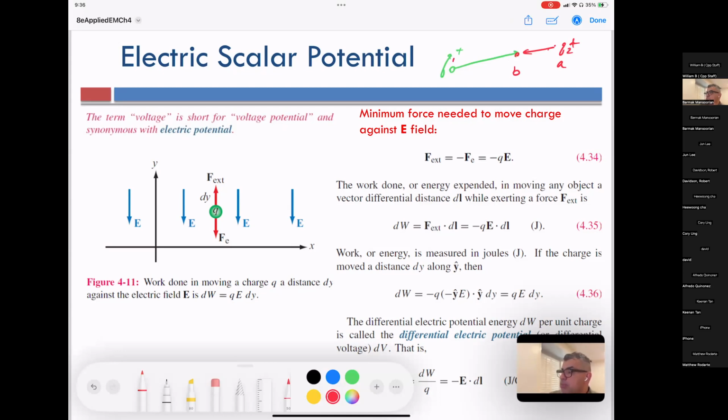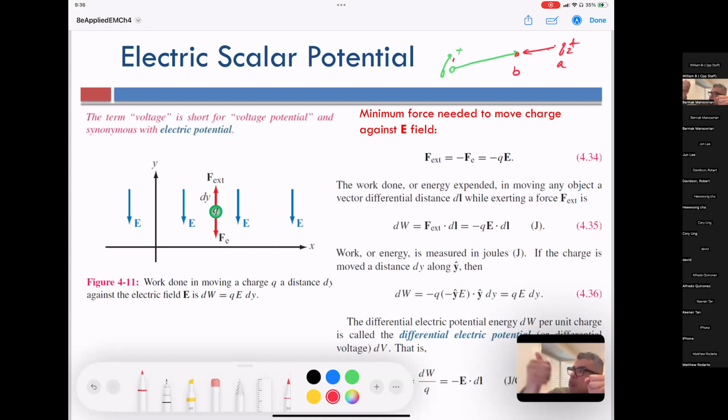Because those are repulsive charges, I would have had to work against that electric field. I had to put some work into that charge to bring Q2 closer to Q1. As soon as I let go of that charge, it has some potential energy.